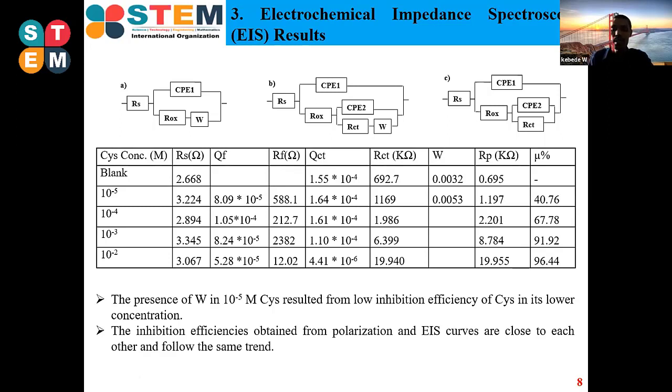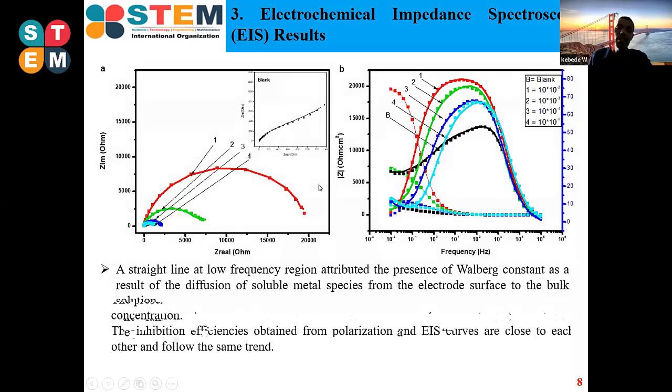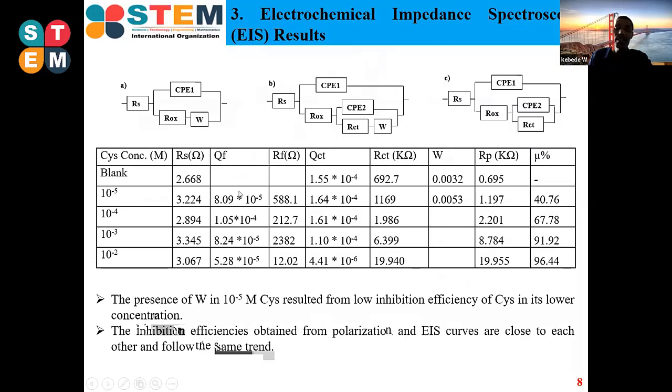We can calculate the inhibition efficiency here. These parameters can be obtained from the simulated circuit. We simulate this graph with the circuit by using software, so we can gain these parameters and obtain this inhibition efficiency by calculation.